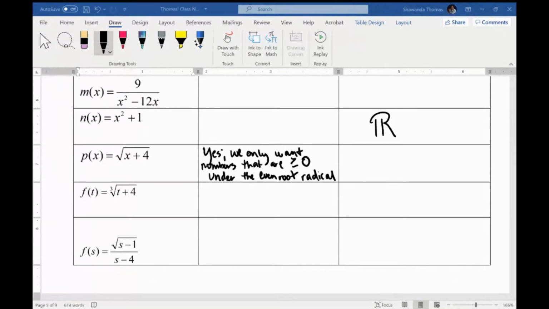Write these notes somewhere: for even root radicals, set what's under the radical to greater than or equal to 0 and solve for the variable. That will give you your domain.